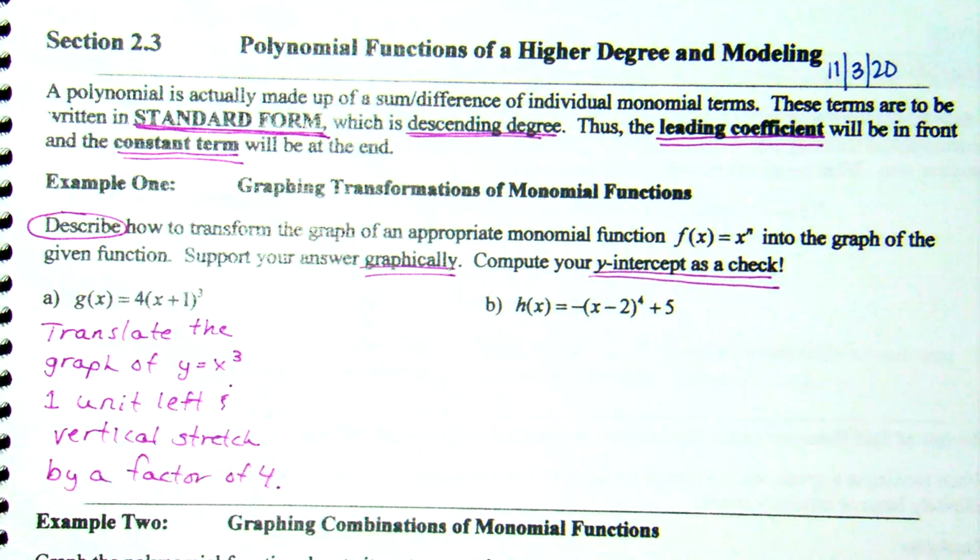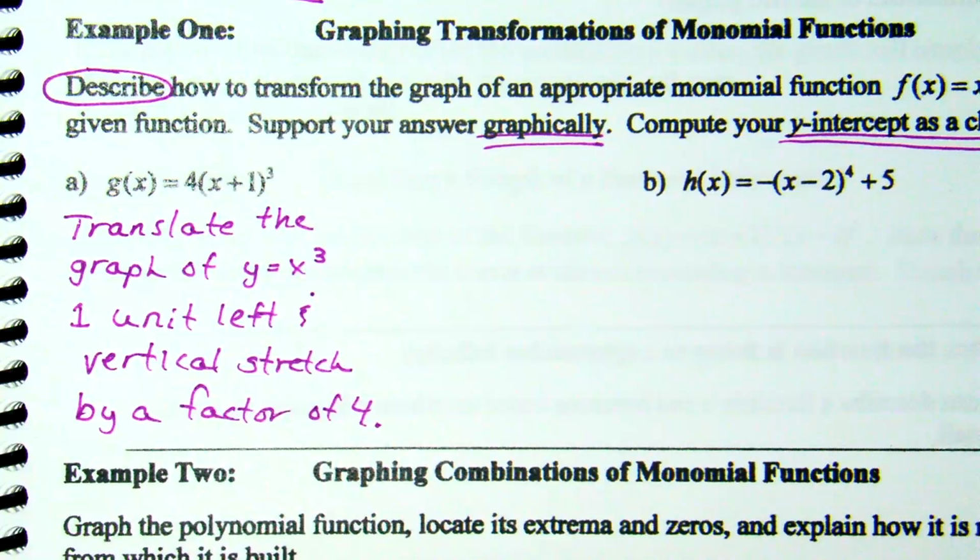I can make that a little bit bigger so you can all read it better. Okay, so translate the graph of y equals x cubed 1 unit to the left, and vertical stretch by a factor of 4.